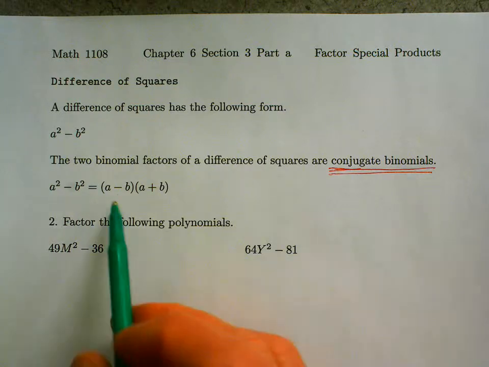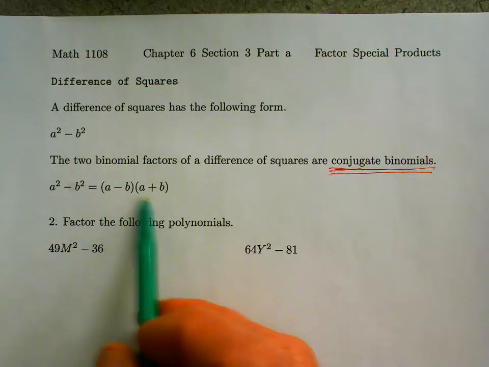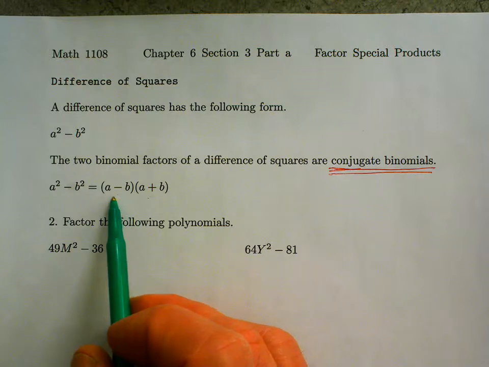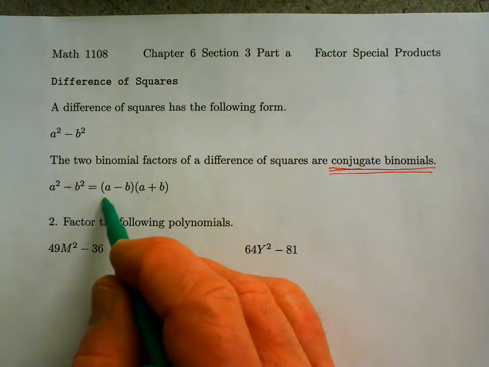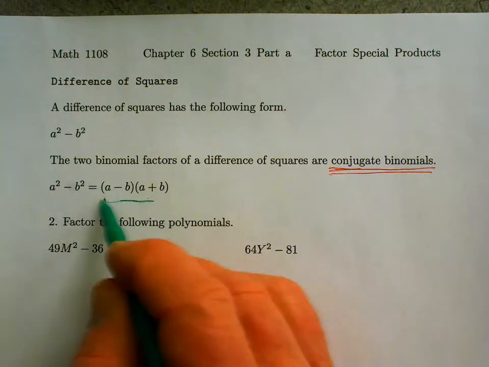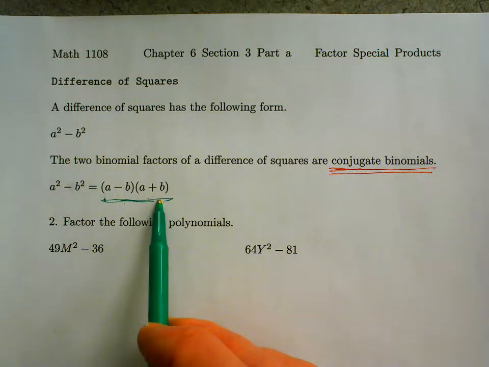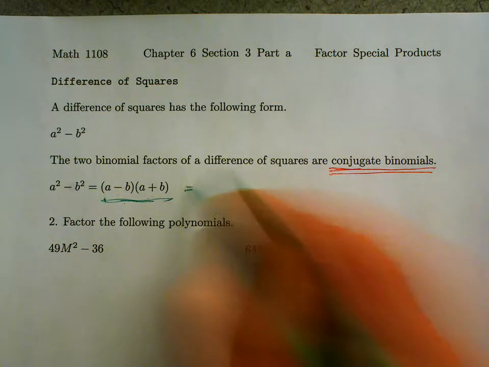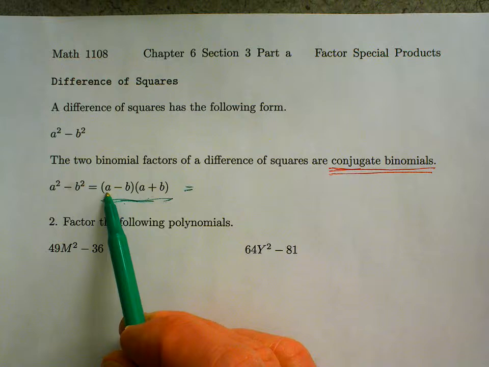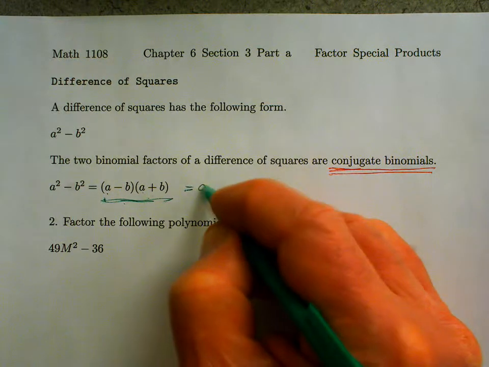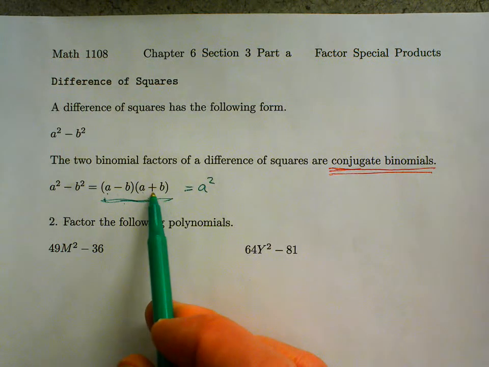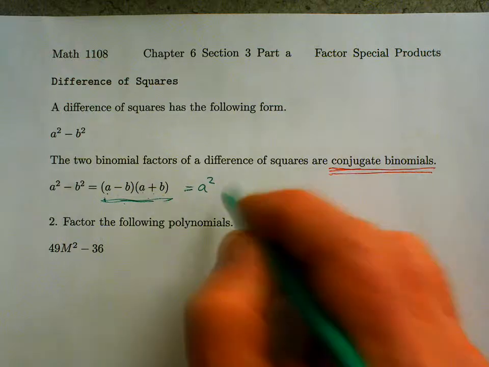You can verify that these are the correct factors by multiplying. So let's go ahead and multiply a minus b times a plus b. We multiply a times a, which is a to the second, and then we add a times b.